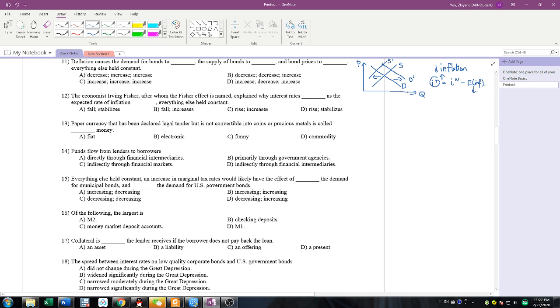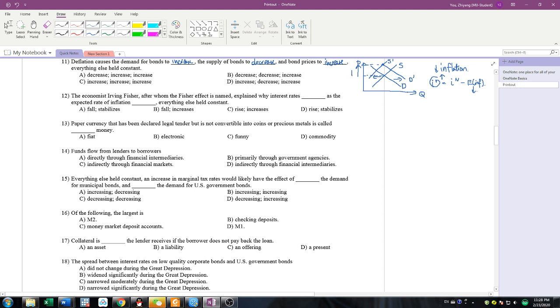So we're going to have a new intersection over here, and it is quite obvious that the demand for bonds is going to increase, the supply of bonds is going to decrease, and obviously the bond price is going to increase with it. And sometimes you will be asked about the interest rate.